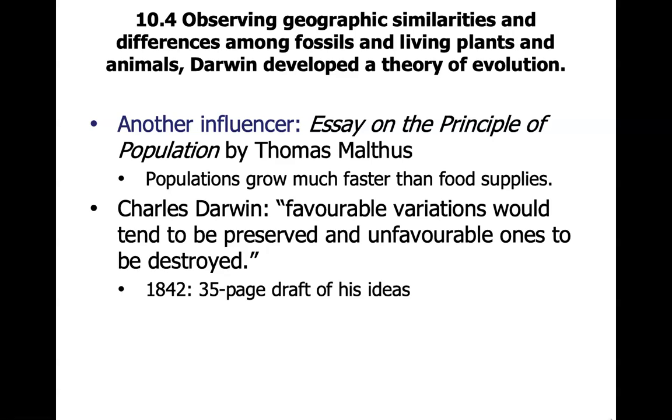So on the bottom here we have a quote from one of Charles Darwin's drafts of his ideas, that favorable variations would tend to be preserved and unfavorable ones to be destroyed. So basically what he's saying here is that organisms are going to have to compete for survival, and those that have particular variations that make them more competitive are going to be able to survive and pass on their genes. Those that don't have those favorable variations are not going to survive, and those traits are basically going to die out.